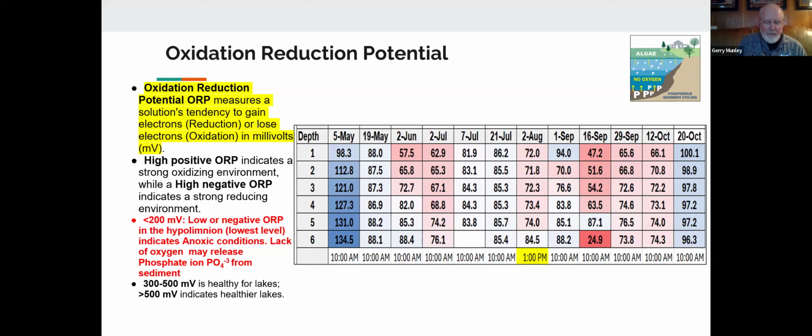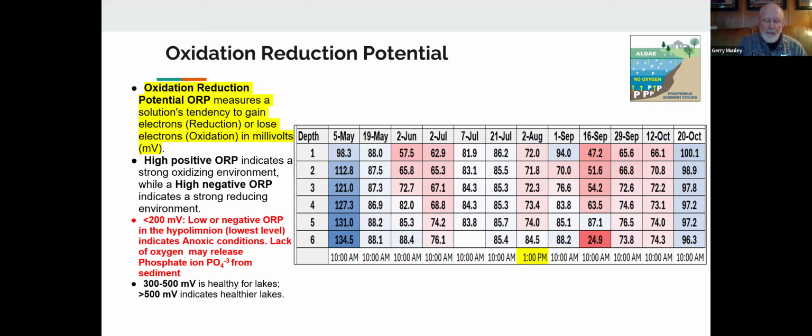However, at Loch Lomond, our ORP profile values were always below 200 millivolts, which is a poor oxidizing environment. So decomposing plant and animal materials in this low oxygen condition consumes our dissolved oxygen and produces more reducing agents, leading to negative ORP and low DO.